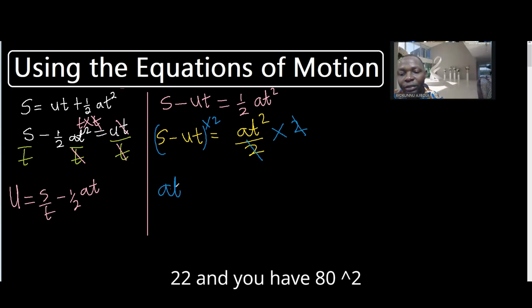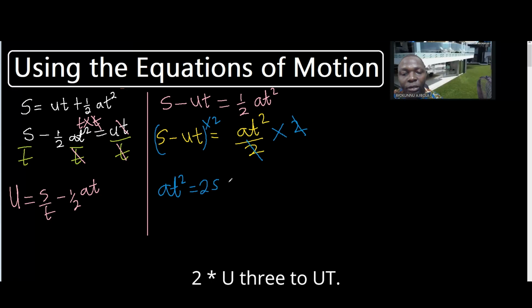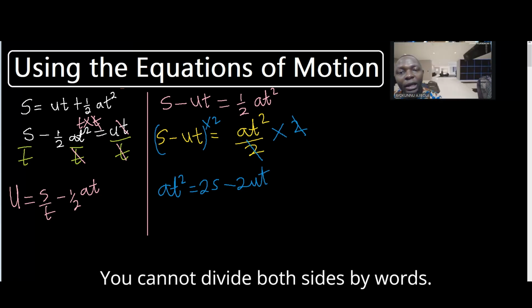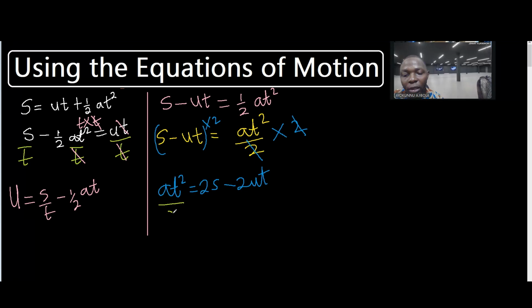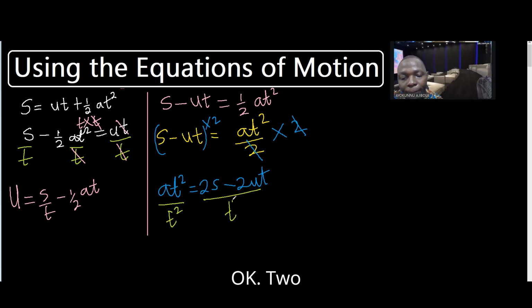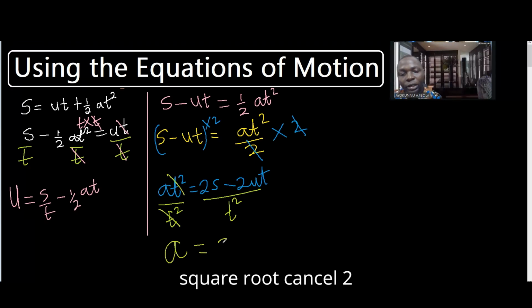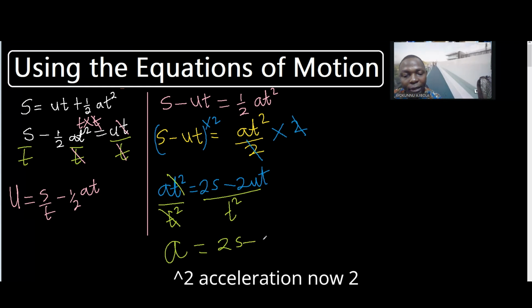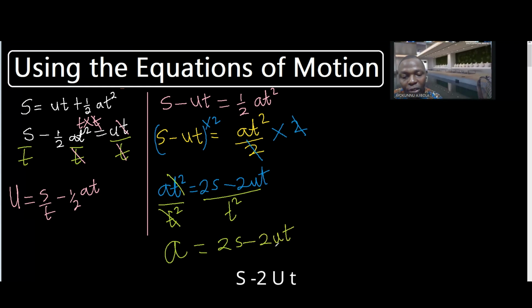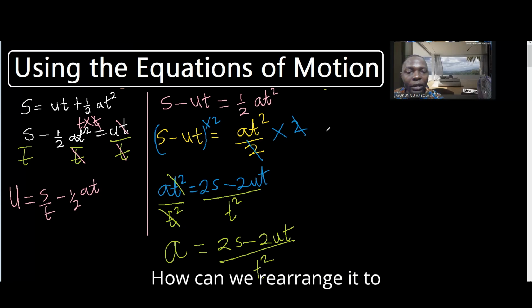And you have AT squared equal to 2 times S, 2S minus 2 times UT, 2UT. Then you can now divide both sides by what? T squared, since you are finding A. So T squared will cancel T squared. Acceleration is now 2S minus 2UT over T squared.